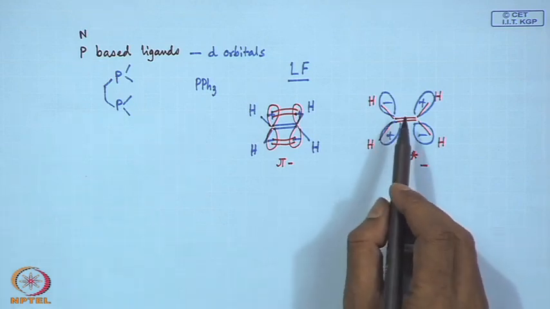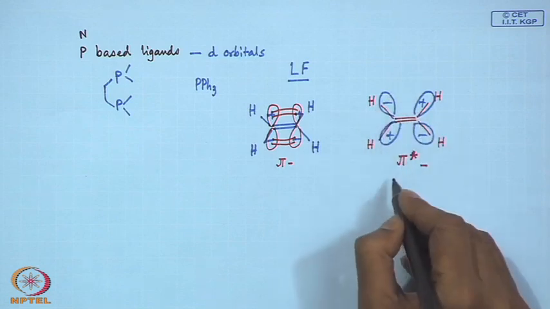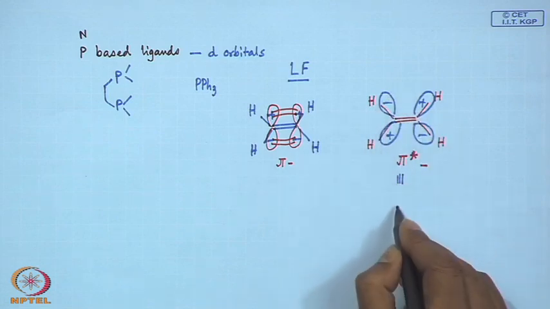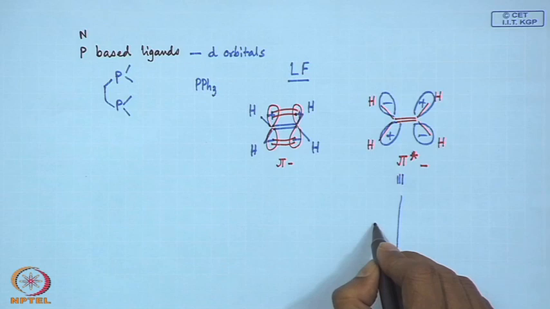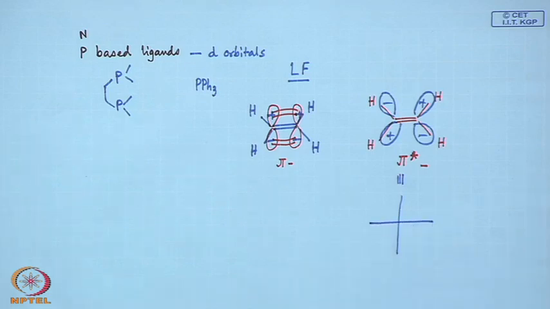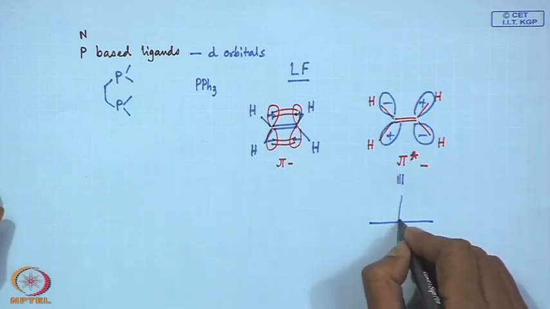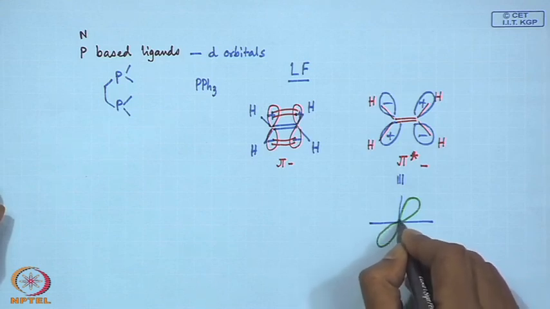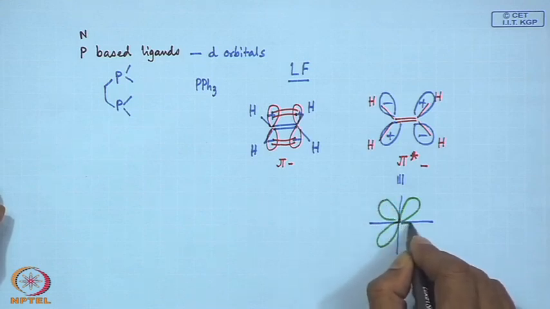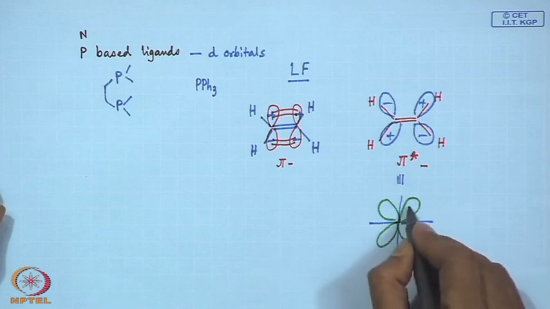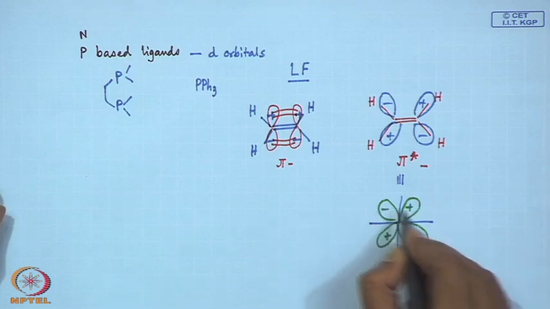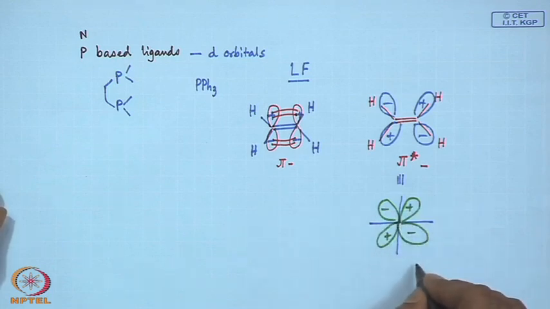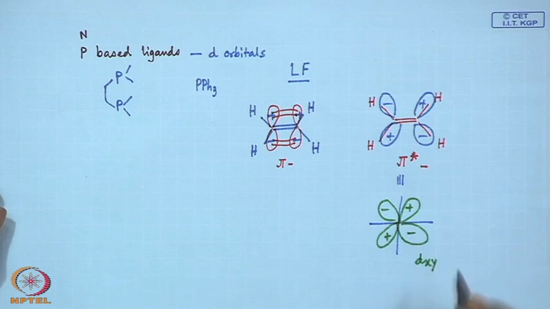So, what we find is that this can also be considered where we have the pi star orbital, and how we can consider this as an equivalent symmetry lobe, or the lobes for these orbitals are available for, say, the dxy orbital.